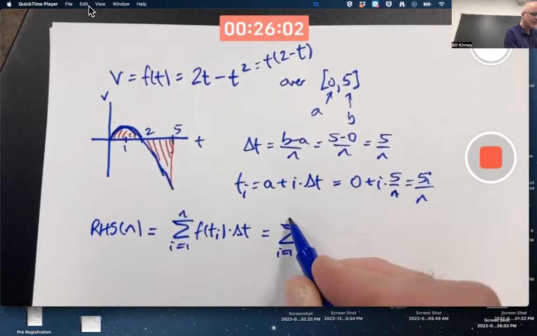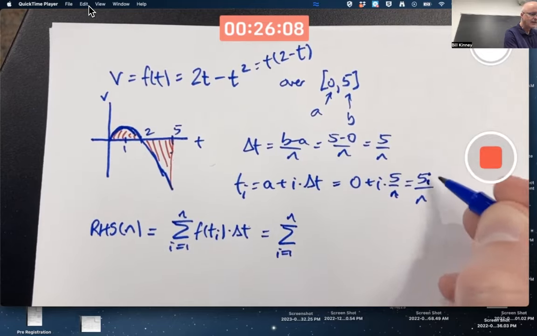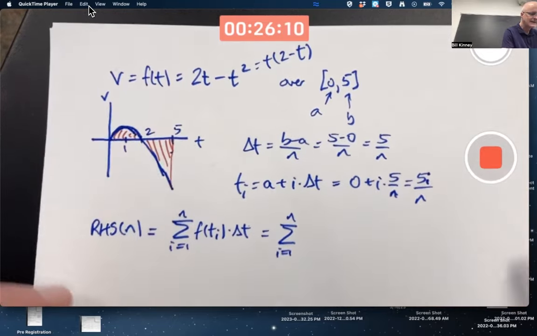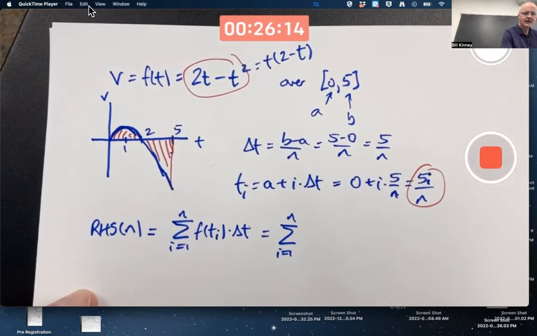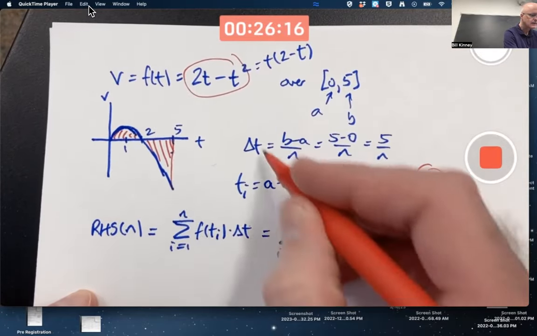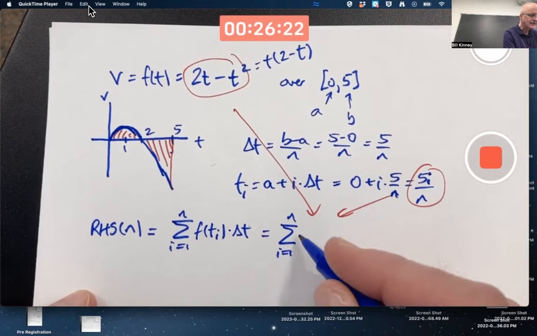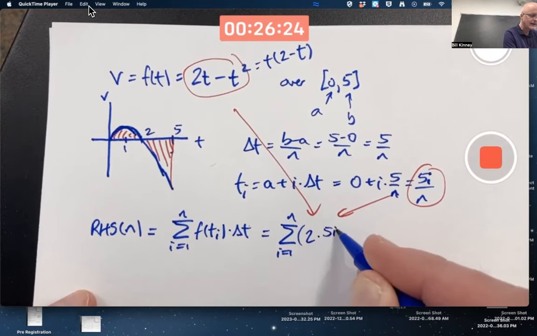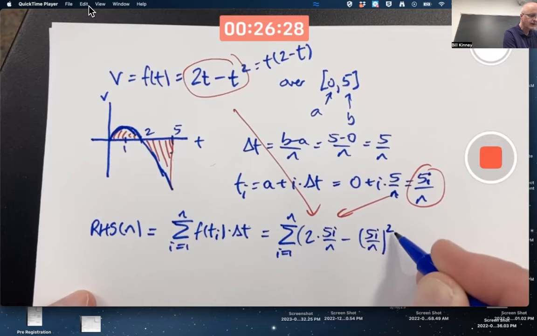This next step, I'm just using the formula for f and also the formula for ti, 5i over n. So I'm looking right here and right here and combining those. Replace t with 5i over n, get 2 times 5i over n minus 5i over n squared.